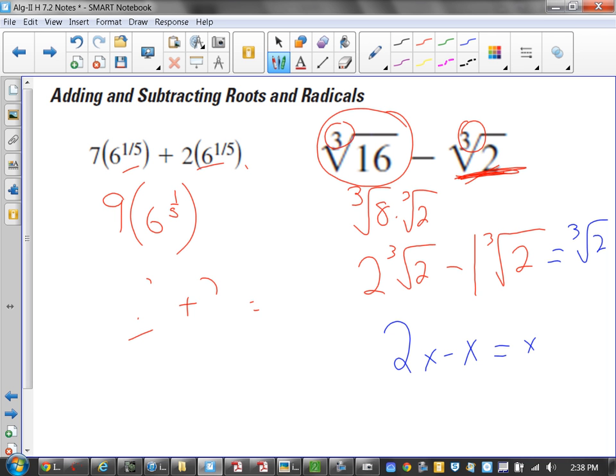Most people will just say it's 1, or most people will say it's 2, because they think that these just drop out. Remember, when you're working with these as far as combining like terms, you're treating it like you used to with just variables. It just so happens now your variable looking things are nth roots or fractional exponent roots.